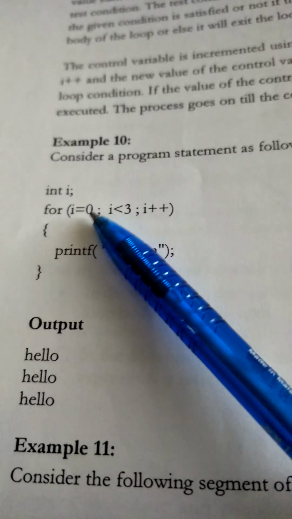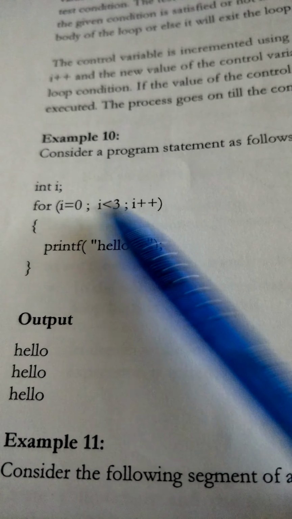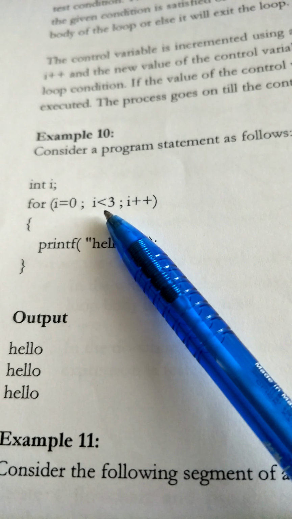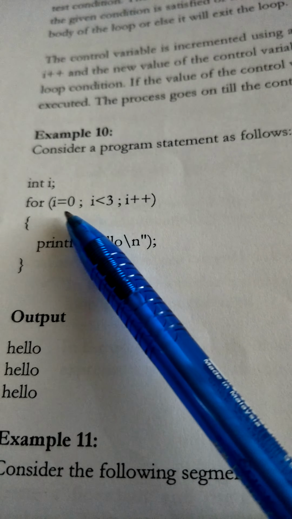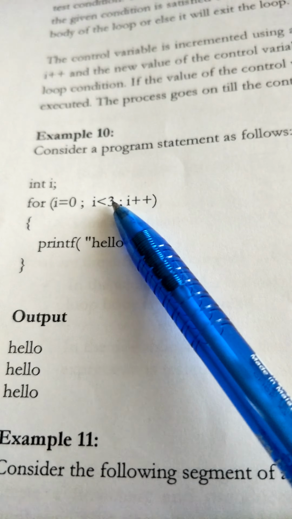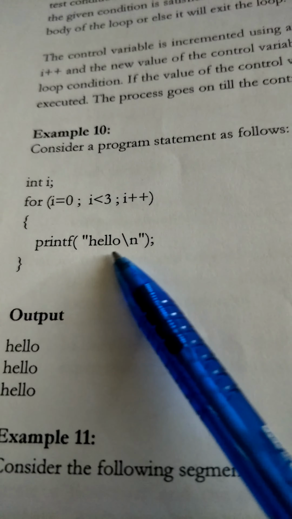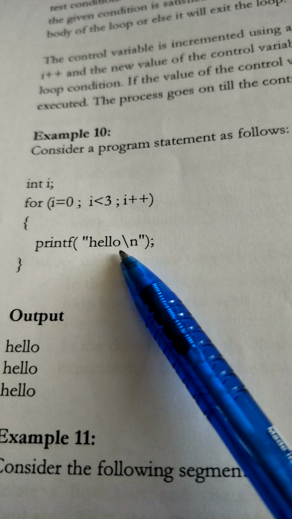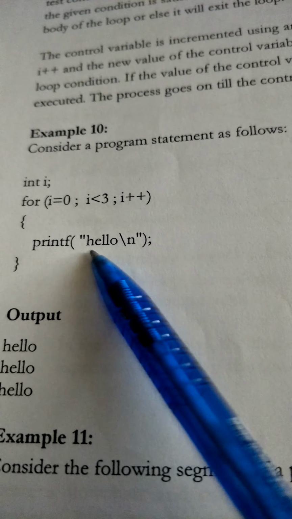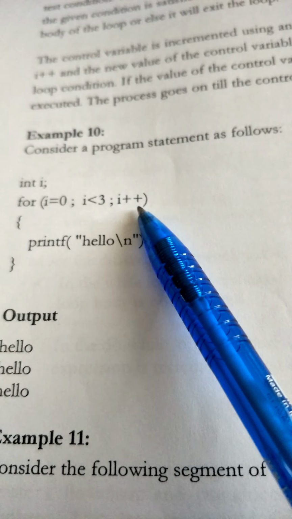We give the initial value to I, and we put the condition I less than 3. So with I equal to 0, 0 is less than 3, which is true. So it does this loop. It will print hello. Then having done that, we increase I by 1.